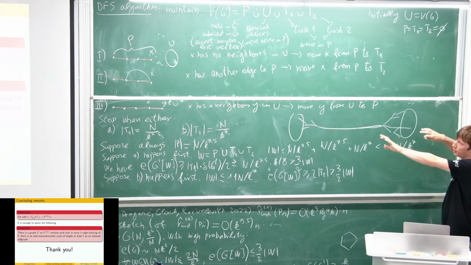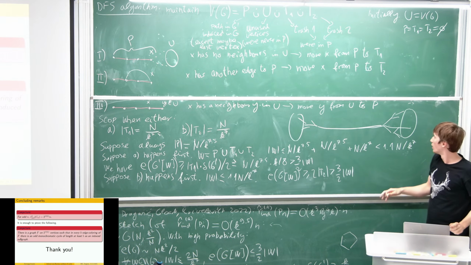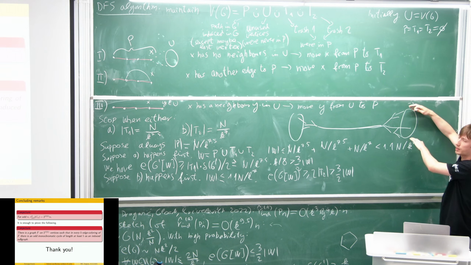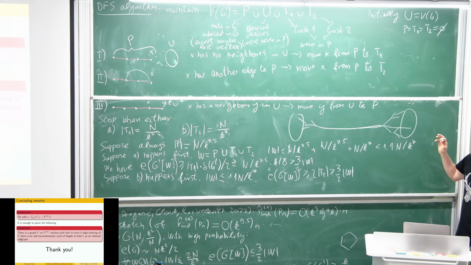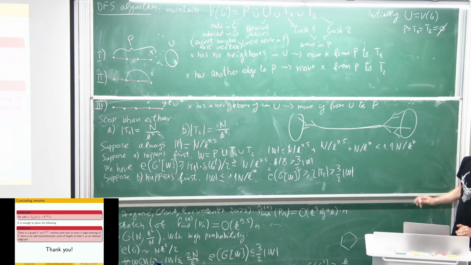Once you expand to linear size sets, you remember that you live inside an expander, and then you can keep expanding. But this local sparsity breaks down once you get to very huge sets, so you cannot continue doing this type of argument. And there are a bunch of details swept under the rug there, but that's the rough idea.